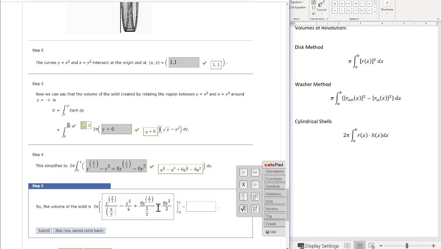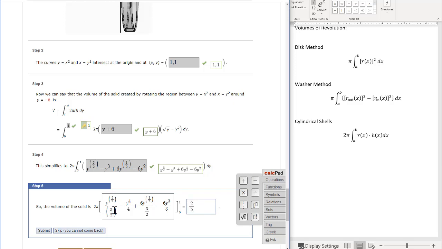So now we're going to put in 1. When we put 1 in, we're going to get the reciprocal of 5/2, which is 2/5, minus, we put in 1, we're just going to get 1/4, plus, we have 6 times 1 times the reciprocal of 3/2, so that's 2/3.